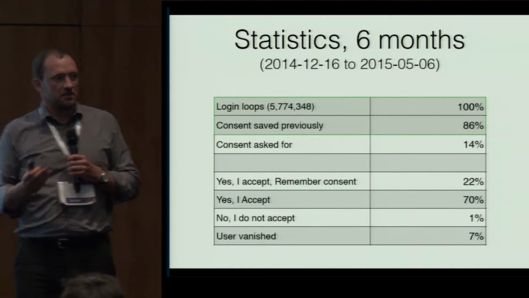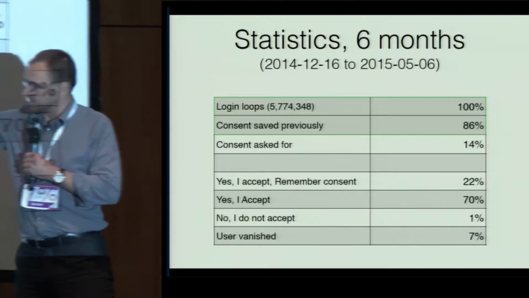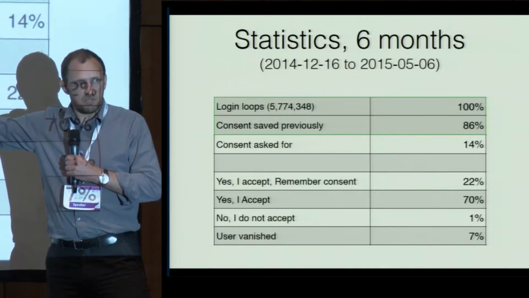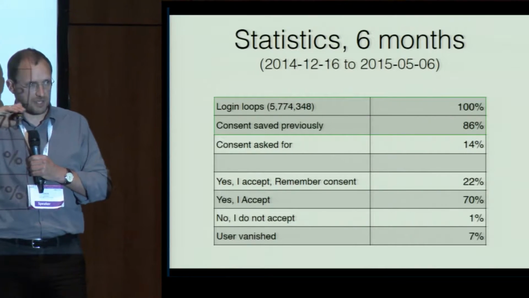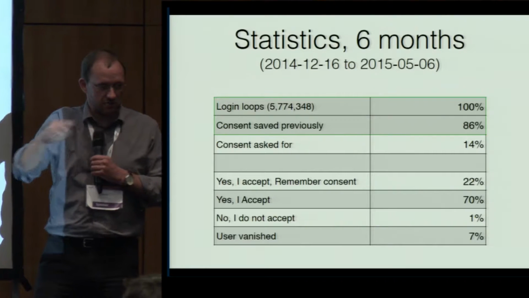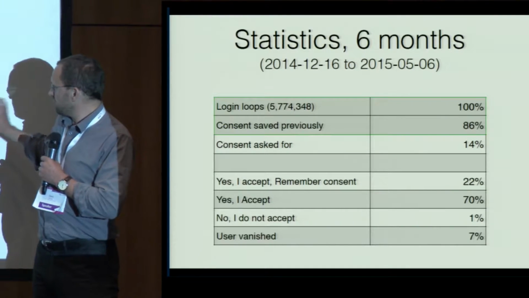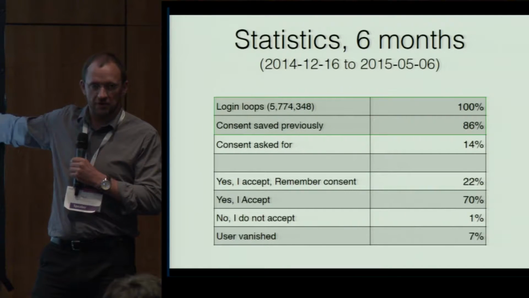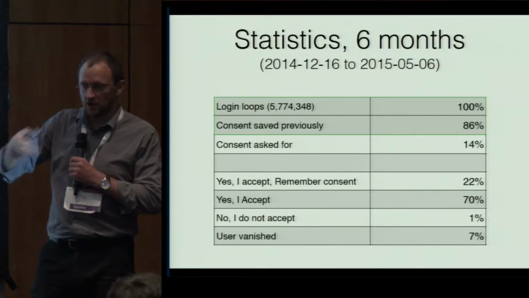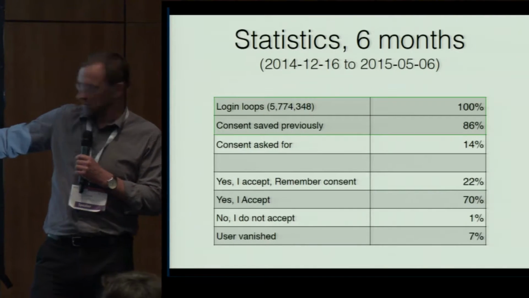We anticipated that the most used button would be, yes, remember consent. But when people actually get there, we have filtered out all those who had already decided to get this dialogue hidden. We see that 22% actually choose to get this remembered by WAYF and not engaged next time. Yes, I accept is 70%.